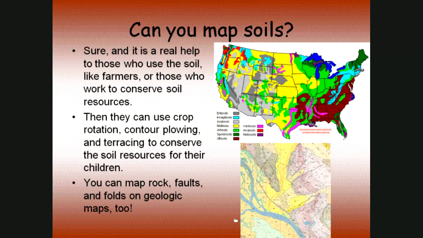You can also map soils. You can map temperature patterns. You can map where rock formations are found. There's all kinds of things that man has put on maps to help him with various tasks. Okay?